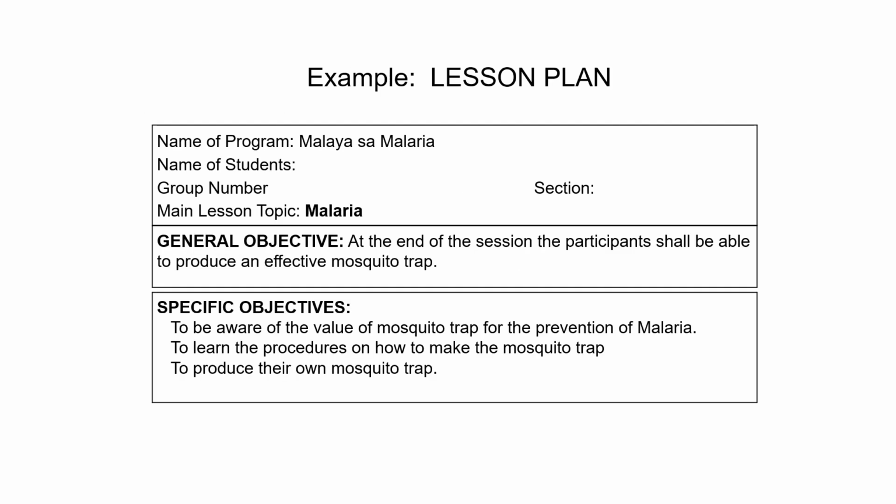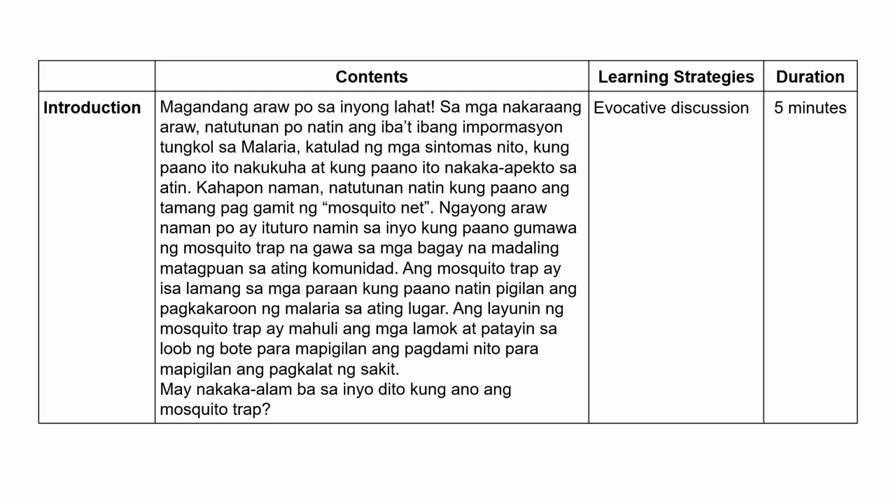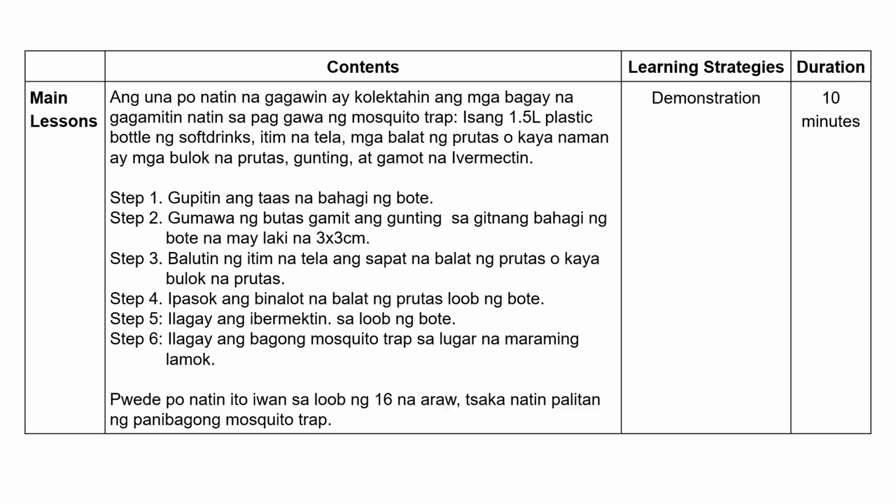This is an example of a lesson plan on the production of an improvised mosquito trap. The topic appears to be in the middle of the course and is introduced in relation to the previous session. The main lesson details the step-by-step process in the making of the improvised mosquito trap.